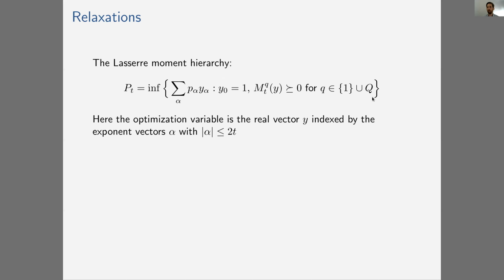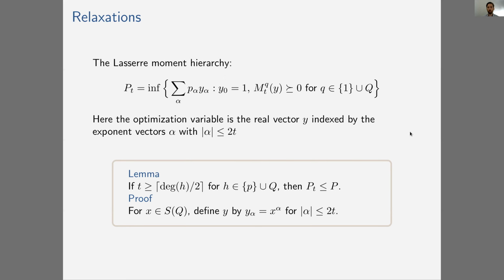And then all the localizing matrices are positive semi-definite, including the special case, the moment matrix, for q equal to 1. Here the optimization variable is a real vector y, indexed by the exponent vectors alpha of degree at most 2t. And then you can show that this is a semi-definite program.